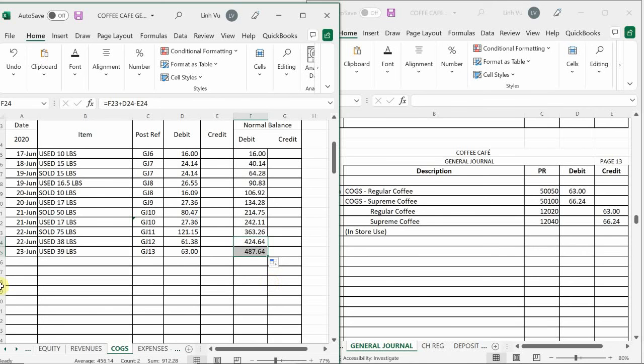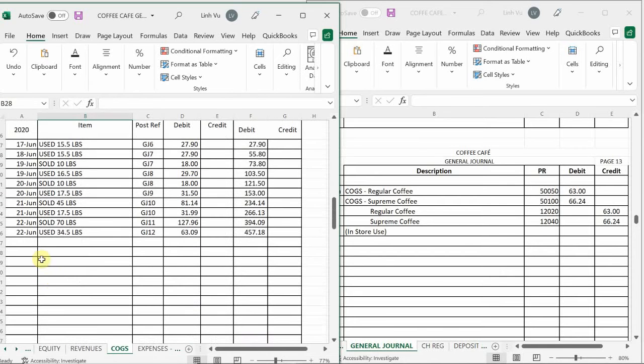Okay. I got to do my Supreme coffee. I used 36 pounds. General Journal, page 13. For $66.24. Right, 66.24.